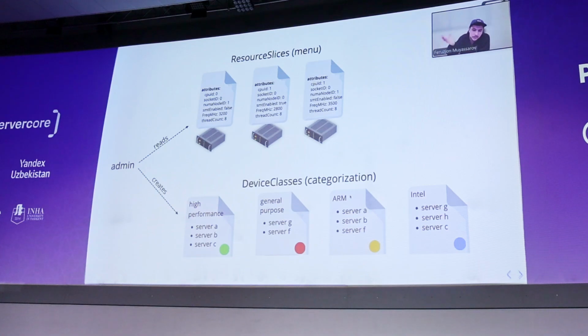Or you could create another device class for a specific architecture, for ARM or for Intel and so on. So you're just grouping the nodes into groups, and then you would expect these categorizations to be used by the application or DevOps team. So that's the end of the story for the admin part.